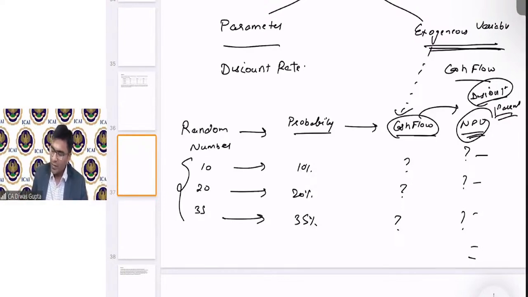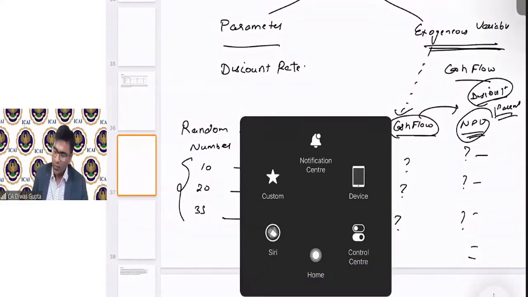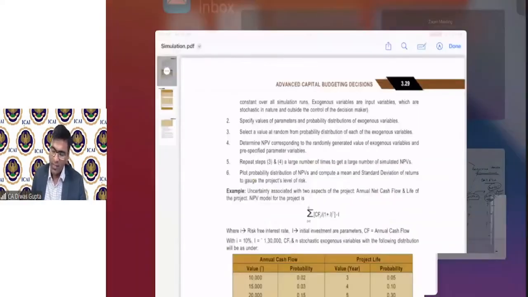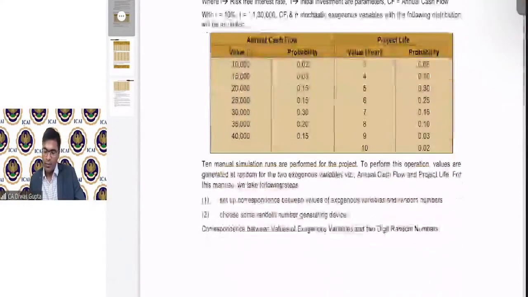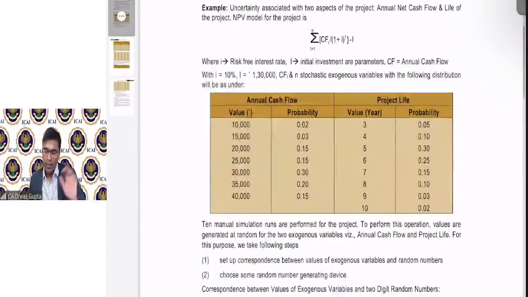So let us try to see this from the study material itself. This is on page number 3.29, the 29th page.